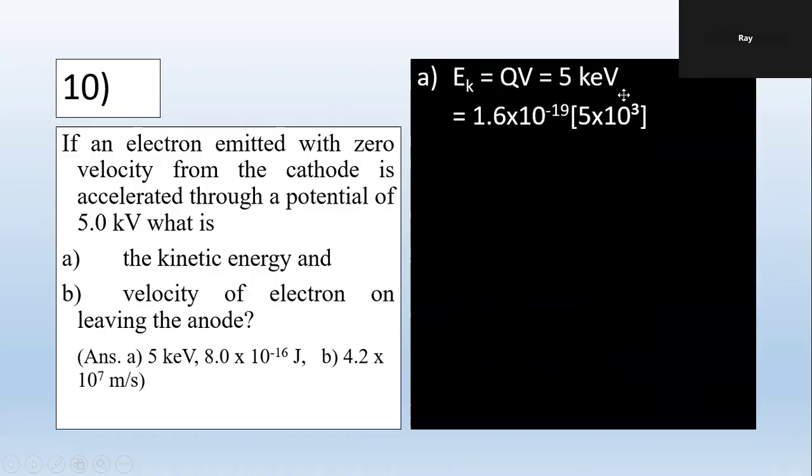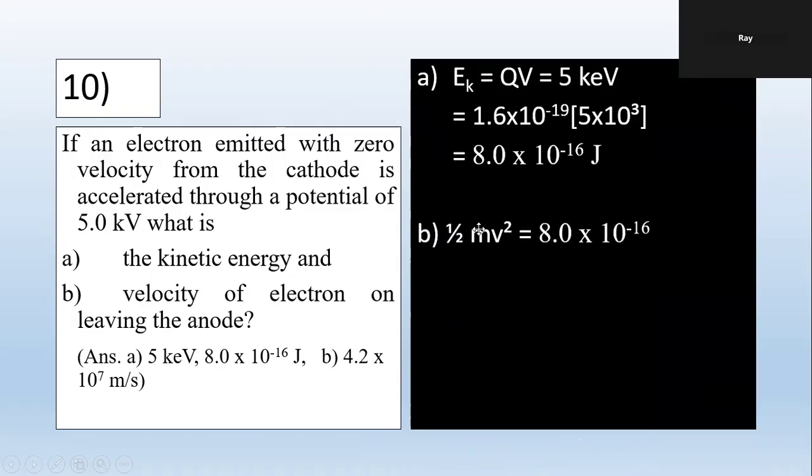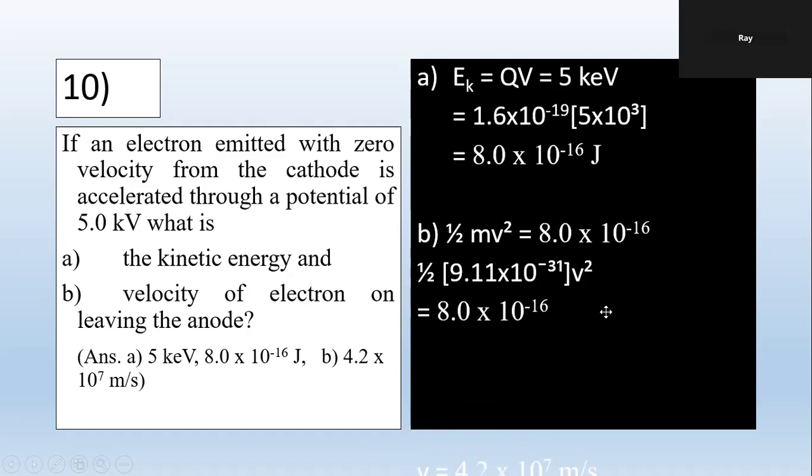Change it to SI unit. Velocity of the electron leaving the anode: look at the formula sheet, half mass of electron times velocity squared. Okay or not?